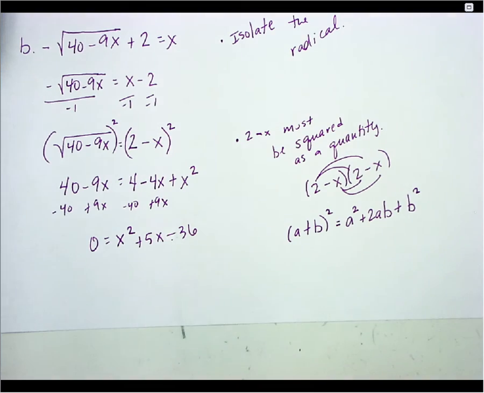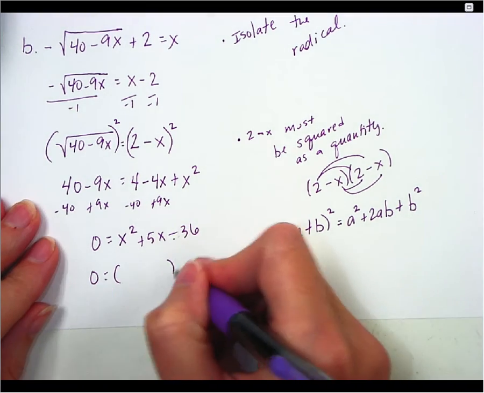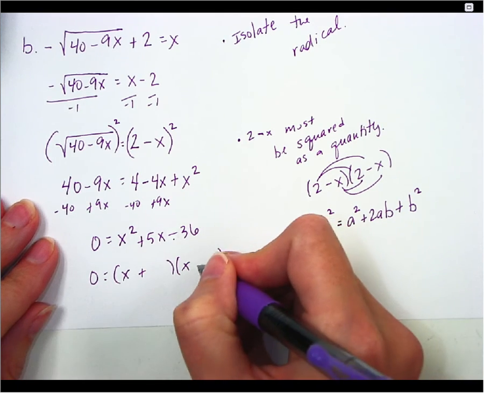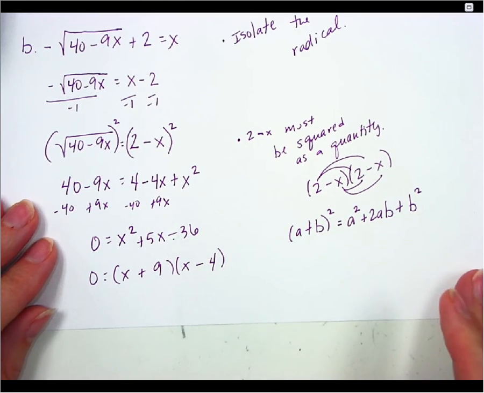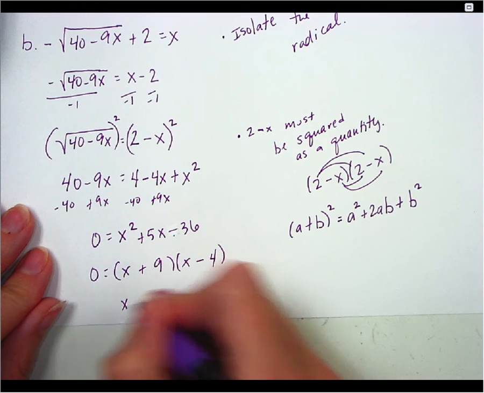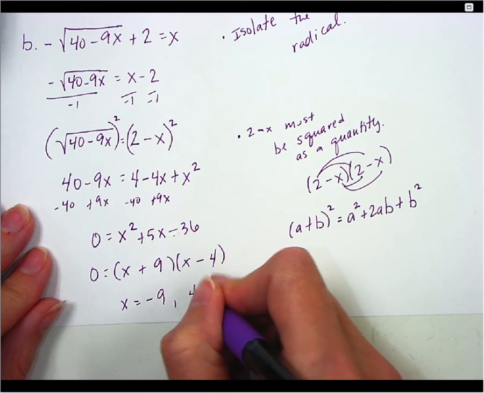Okay, so then we'll just take a second to factor that. Okay, so now we have two answers, negative 9 and 4.